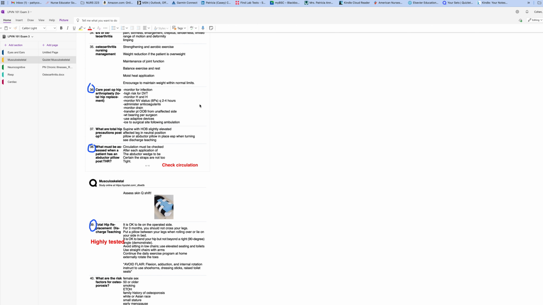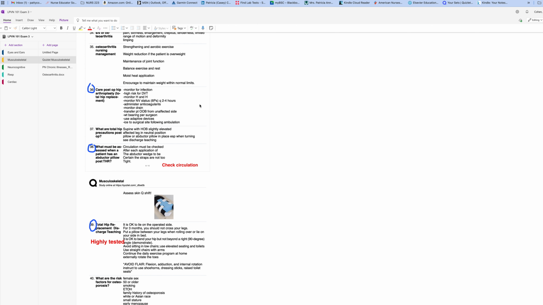Total hip precautions, okay. They can be supine with the head of bed slightly elevated. The affected leg needs to be in the neutral position, okay? Pillow or abductor pillow in place, especially when turning. So if they don't have an abductor pillow, you're going to put a couple pillows in between their legs if you're turning them.